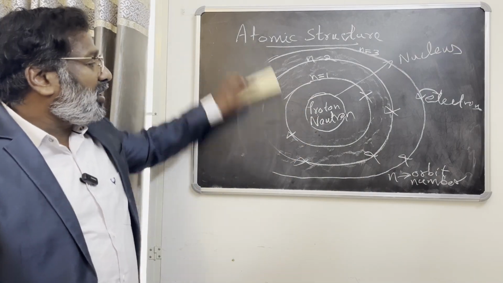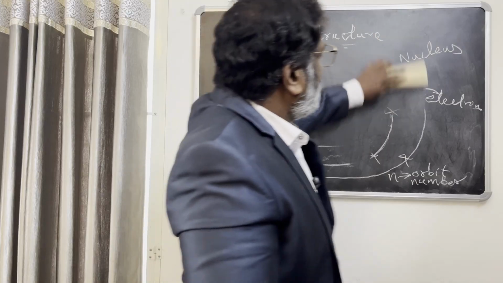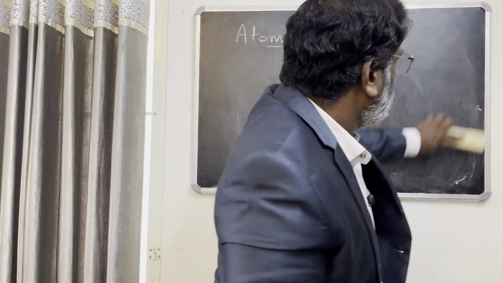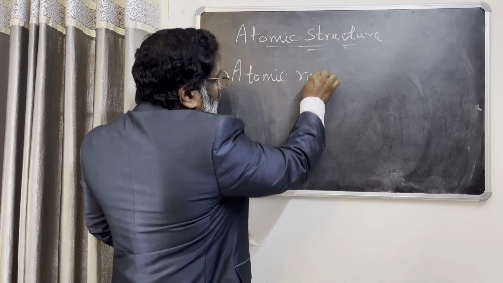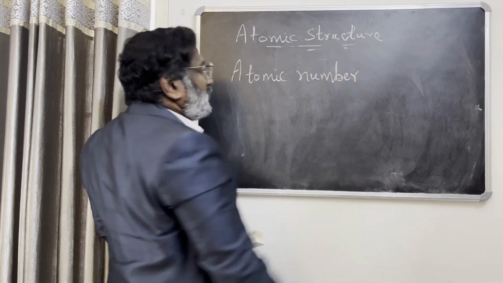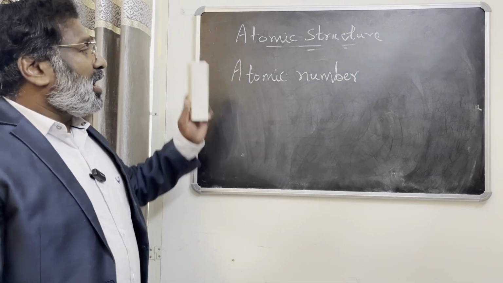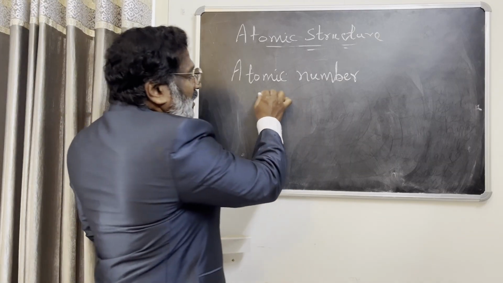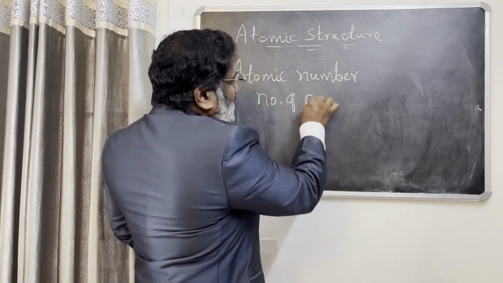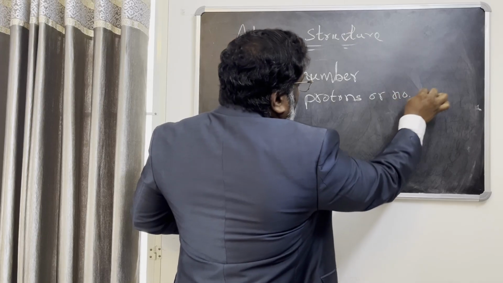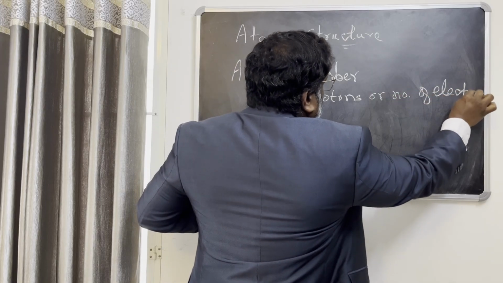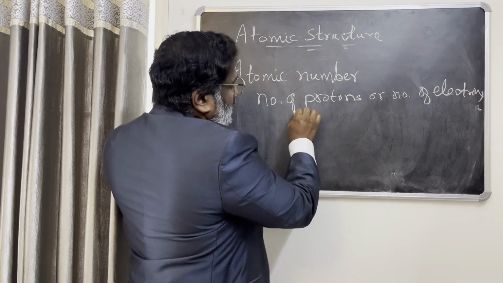Now have you heard about atomic number? What is atomic number? Atomic number is the number of protons or number of electrons in an atom.